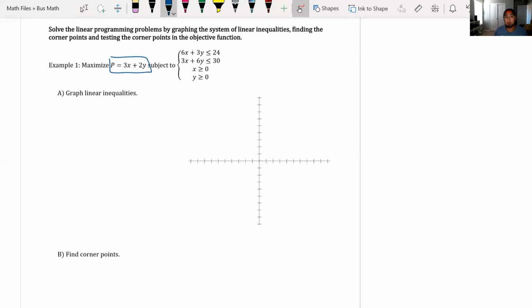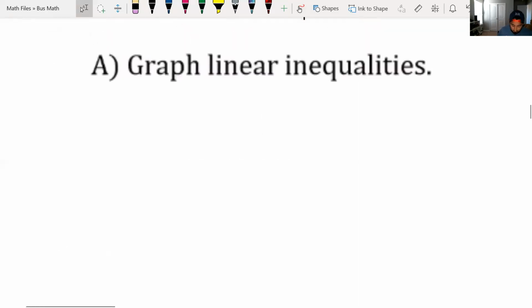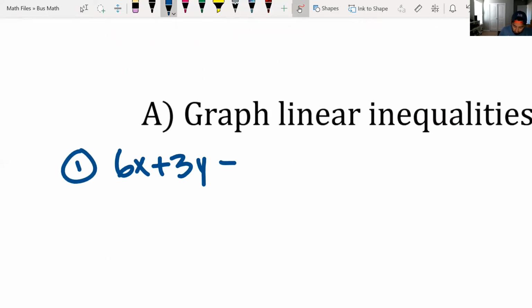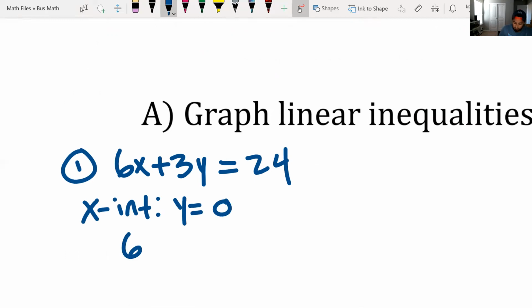So we'll start with the first equation, 6x plus 3y equal to 24. We'll call this 1. X-intercept, y equal to 0. 6x equals 24. Divide by 6.